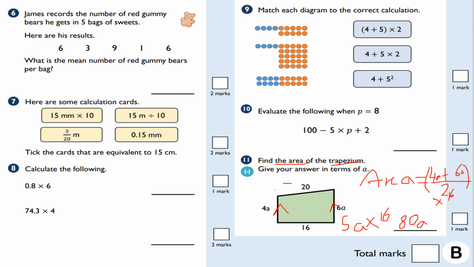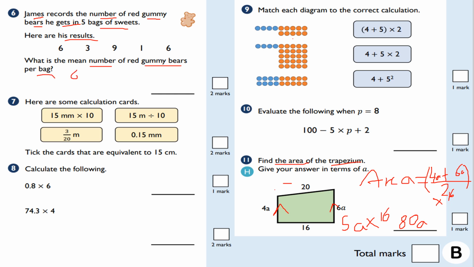This is question number 6. James records the number of red gummy bears he gets in 5 bags of sweets. Here are his results. What is the mean number of red bears per bag?